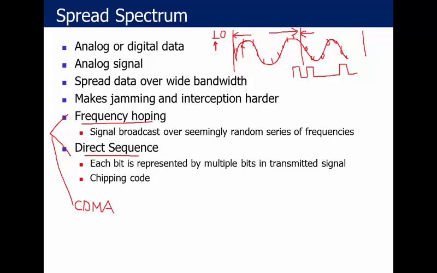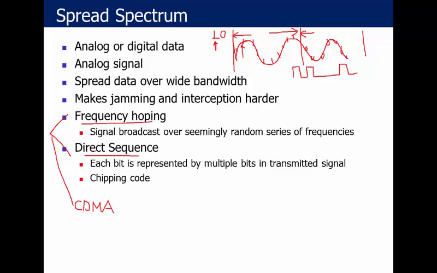Okay, given the whole bandwidth, you can split it into multiple channels. Not all channels will be used when I send the one data sequence, right?